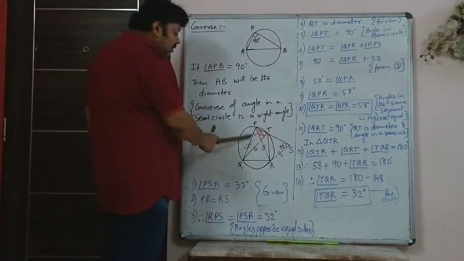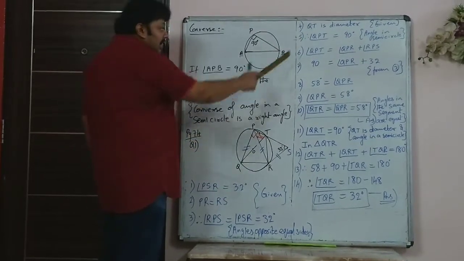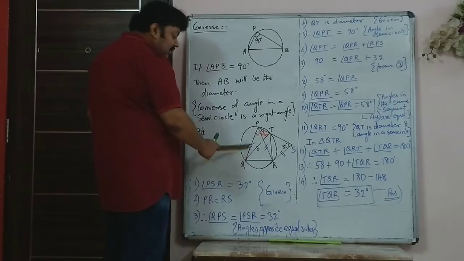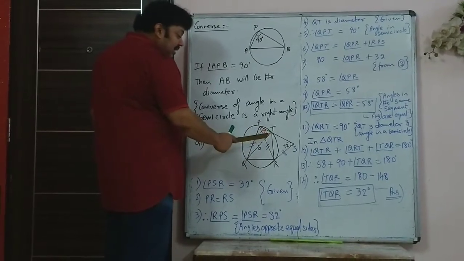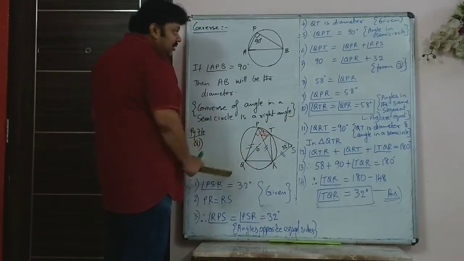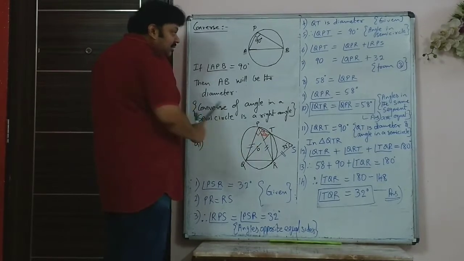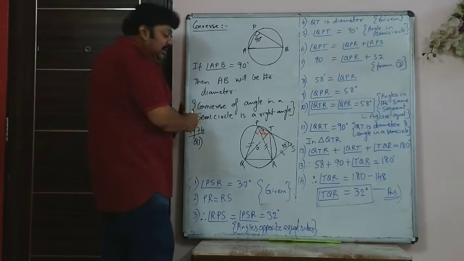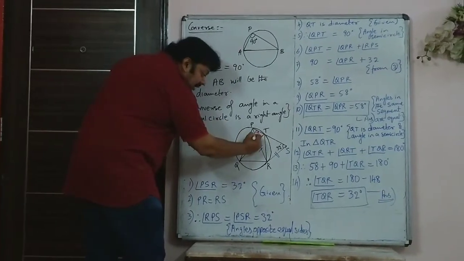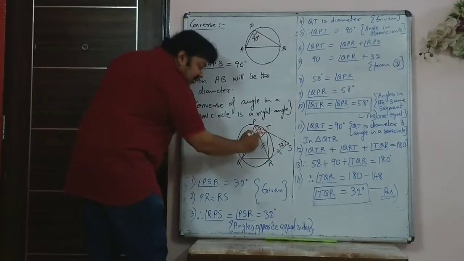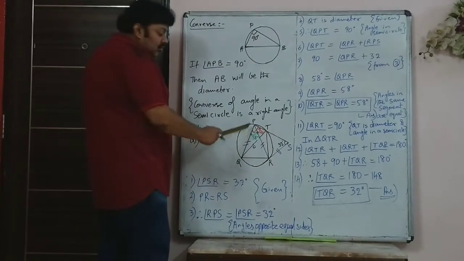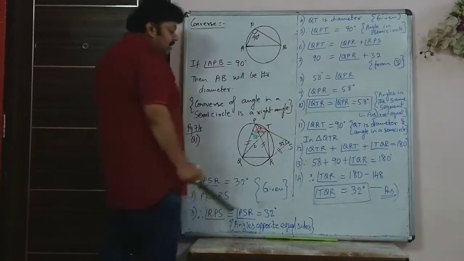The entire angle QPT is 90. But QPT is what? It is angle QPR plus angle RPS. So RPS is 32, so you will get QPR is 90 minus the 32. So it is 58 degree. So angle QPR is 58 degree.